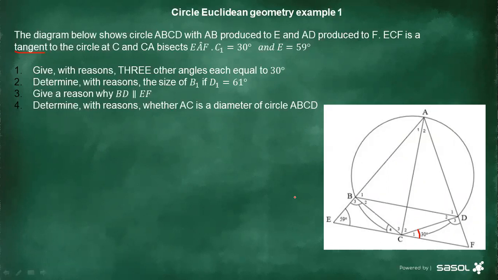answering the questions, I just want to give you some advice: from a scenario, you can see how many theorems you have from this question. The first one, they were talking about a tangent.